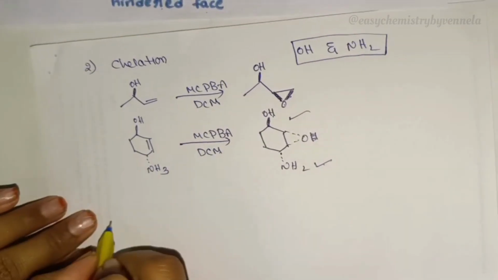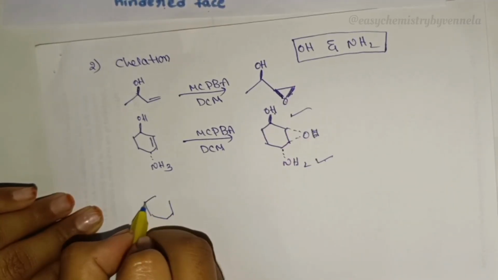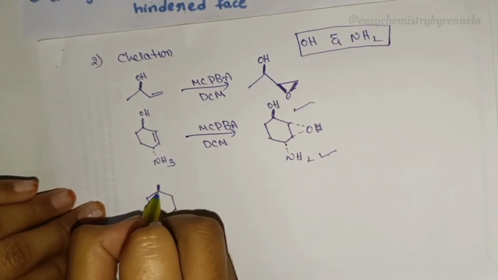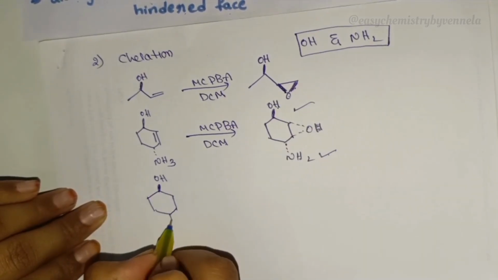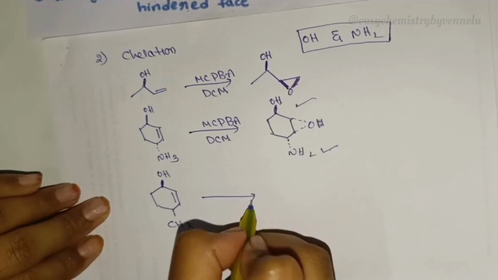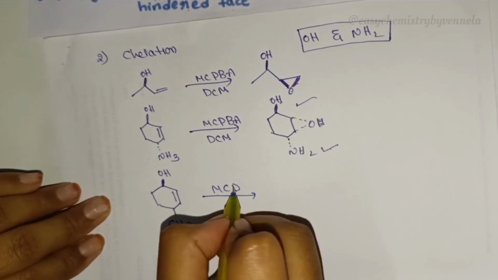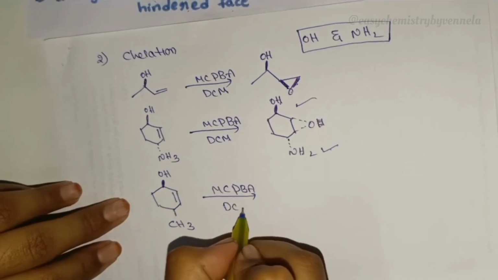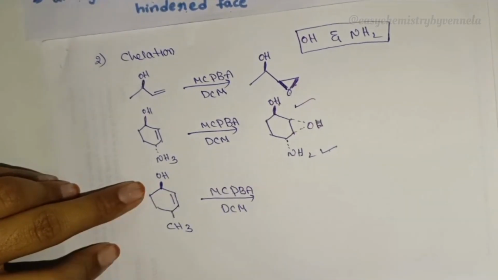So next, in this example, both a chelating group and a sterically crowding group are present. This is the chelating group, this is the crowding group. So will epoxidation take place at the crowding or the chelating group? Chelating only.